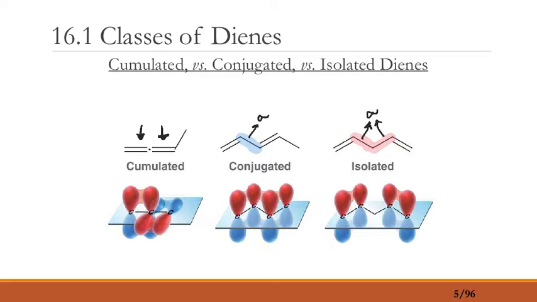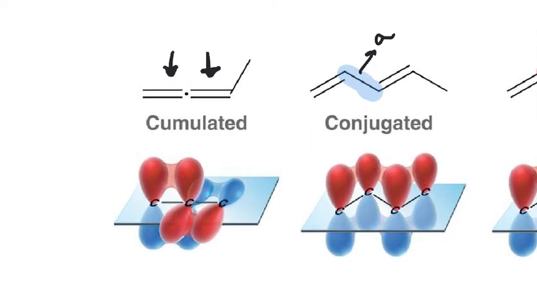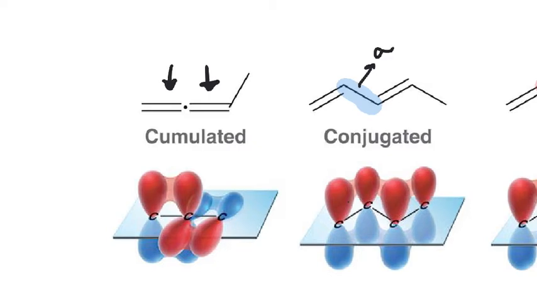Now you can see also, if we look at the orbitals in accumulated dienes, maybe this picture is poor, but the middle carbon is sp hybridized, while the other two involved in the double bonds are sp2 hybridized.